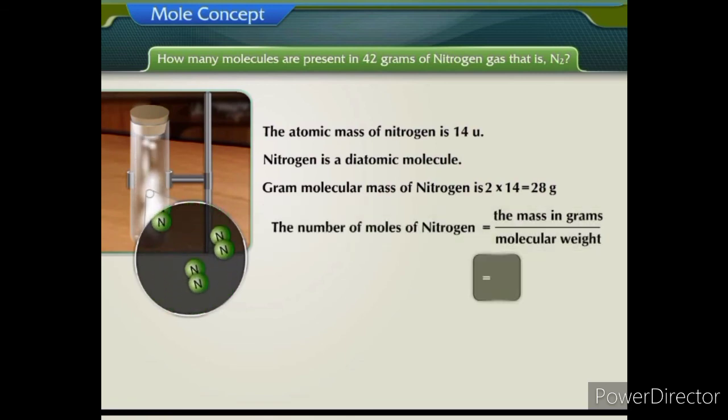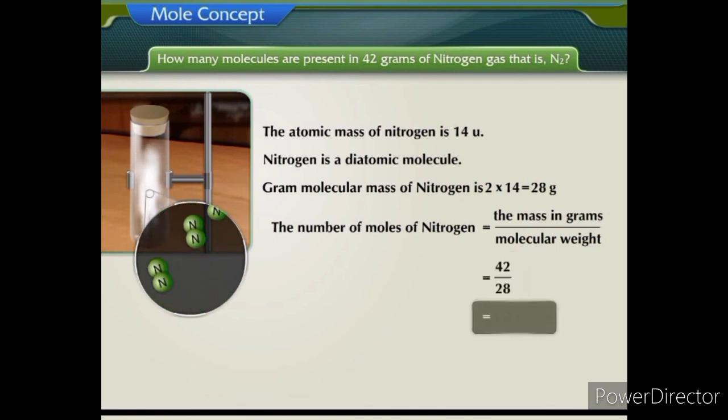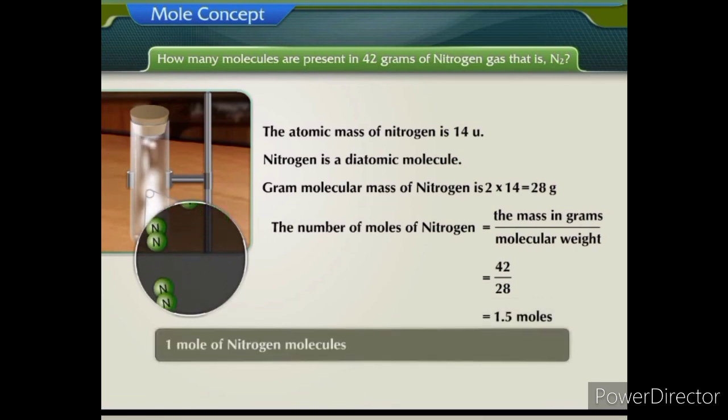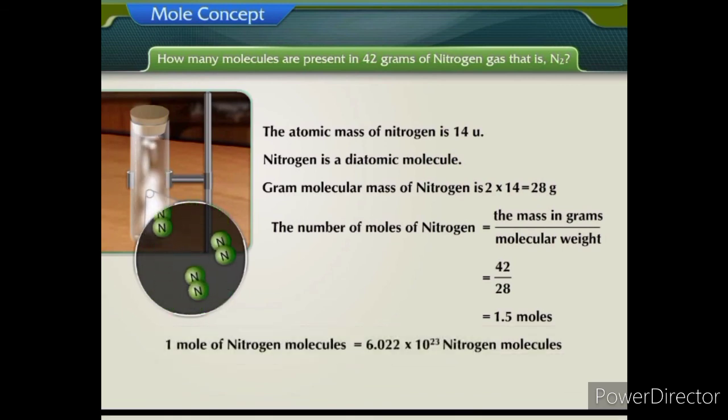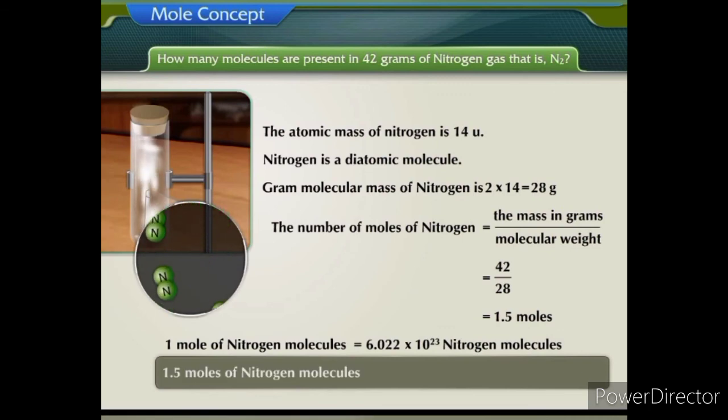This is equal to 42 divided by 28 equals 1.5 moles. Since 1 mole of nitrogen molecules contains 6.022 into 10 to the power 23 nitrogen molecules, 1.5 moles of nitrogen molecules will contain 1.5 into 6.022 into 10 to the power 23 molecules.